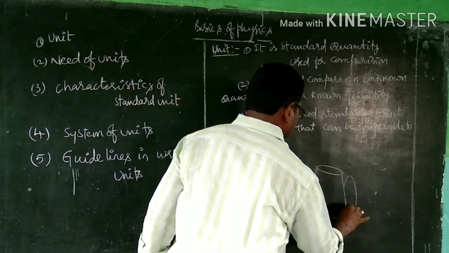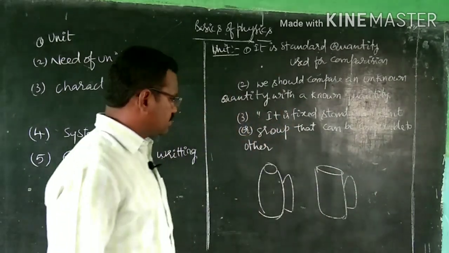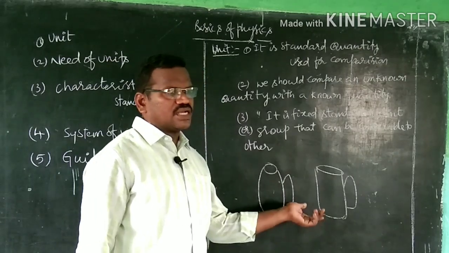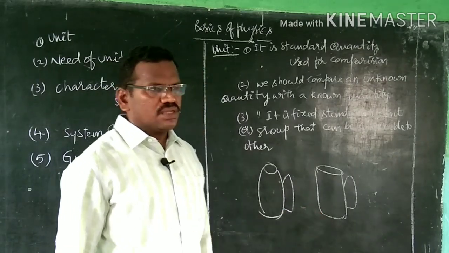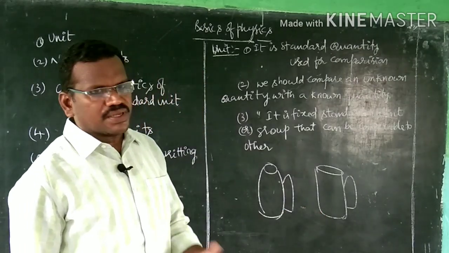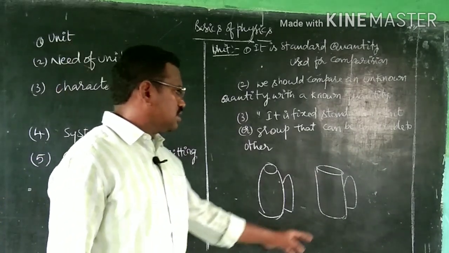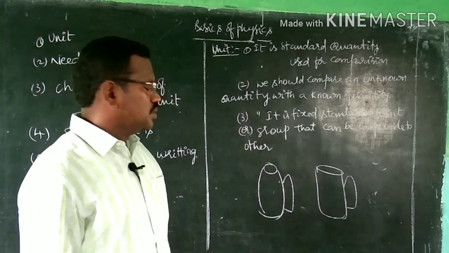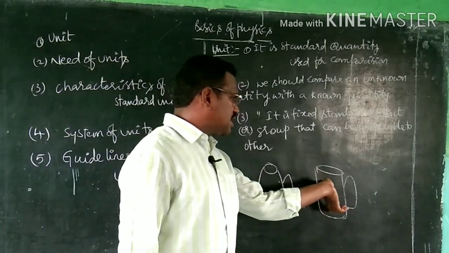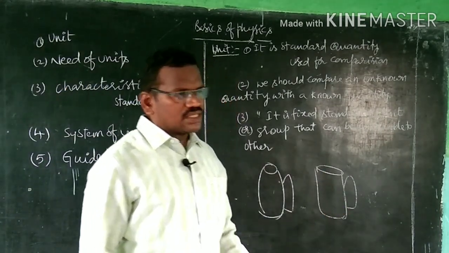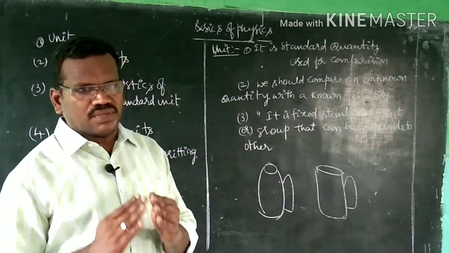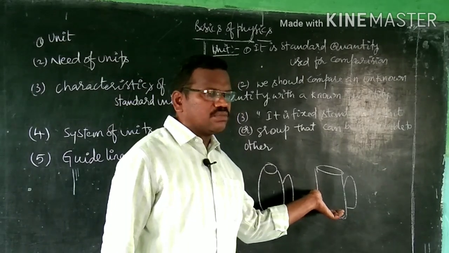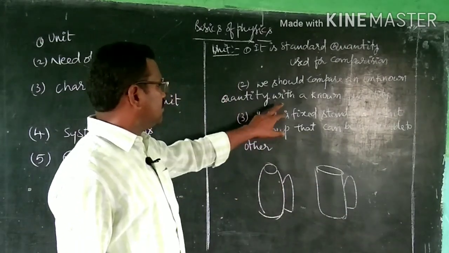If you observe the milk person pouring milk, we utilize this kind of liter measure. Now, this is the standard quantity. To measure the quantity of milk, we are utilizing a standard comparable quantity. That is the definition given.